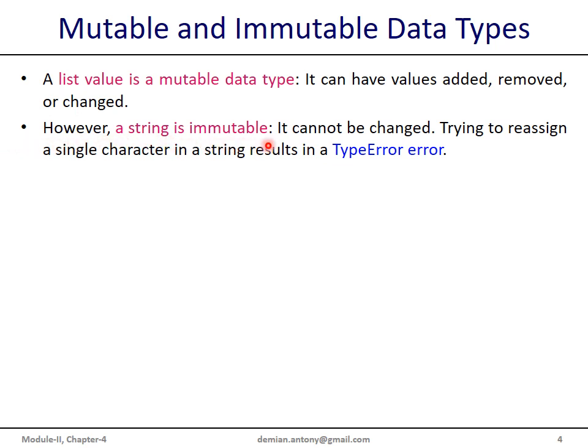It means that we cannot modify the individual characters or a substring of a given string. If we try to manipulate the individual elements or items of a string, the Python runtime will produce us a type error message.